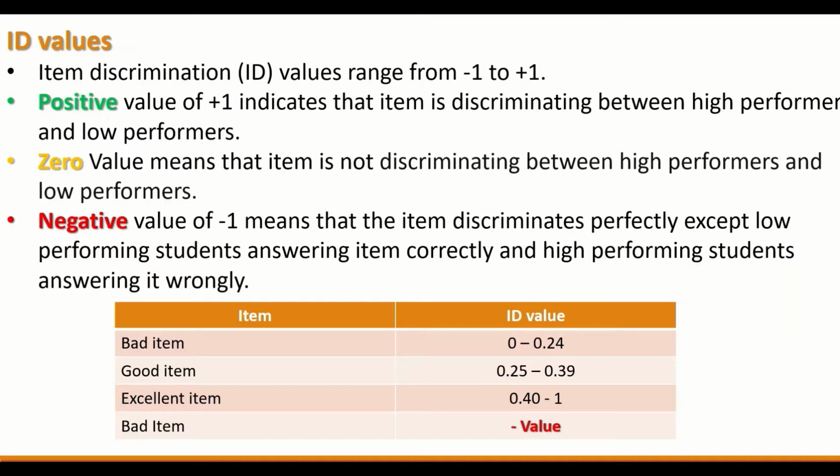Excellent item when the value is between 0.4 and 1. If the ID value is minus, then the item is very bad and it is recommended to remove and exclude the item from the exam or the test.